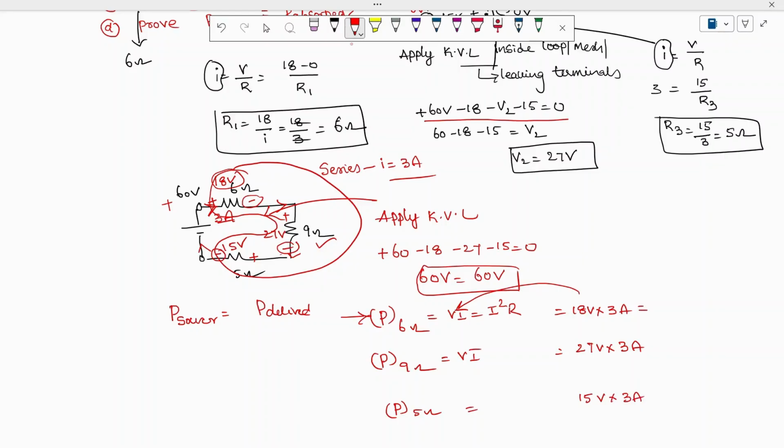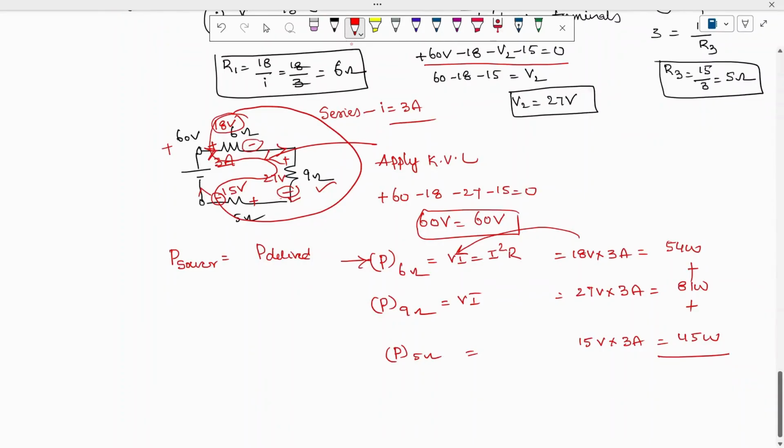So when you do the product, you are going to get 18 into 3, which is nothing but 54 watts. So 27 into 3, you are going to get 81 watts, and 15 into 3, you are going to get 45 watts. And 54 plus 81 plus 45, you are going to get the power absorbed as 180 watts.